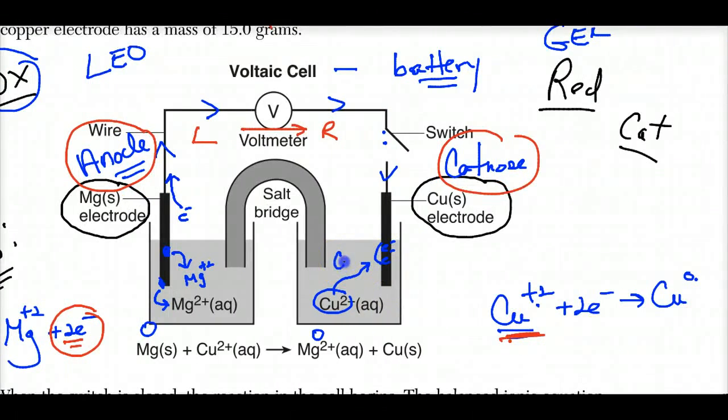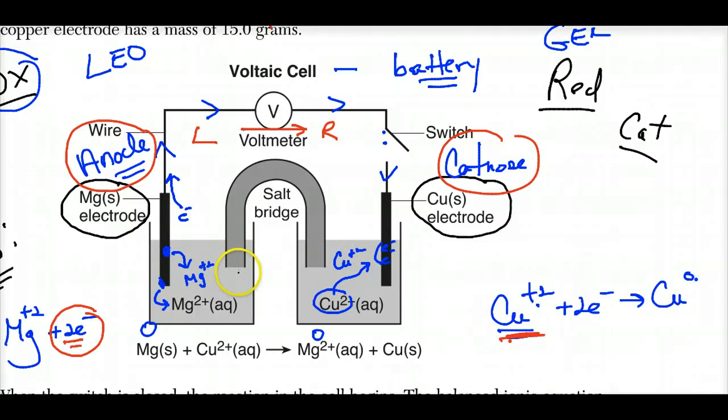Over time, we're losing our positive copper plus 2 ion. So this beaker loses positive, so over time this beaker gets negative, right? Why would electrons flow towards something that's getting negative? Why would they leave something that's positive, which they're attracted to, and flow towards something that's negative? They won't. This battery would be dead.